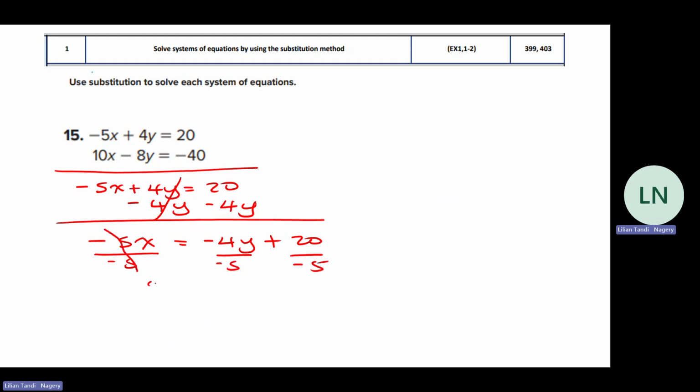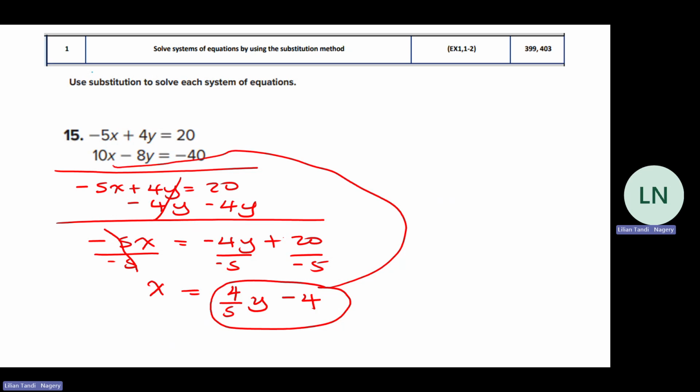So x equals 4 over 5 y, minus 4, because a positive divided by a negative is negative. 20 divided by 5 is 4.